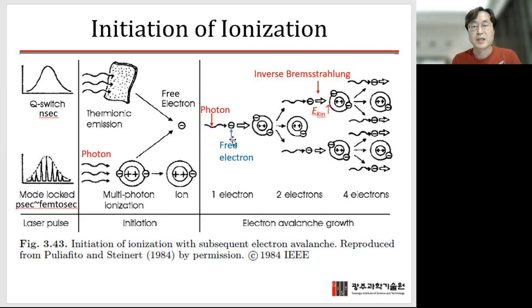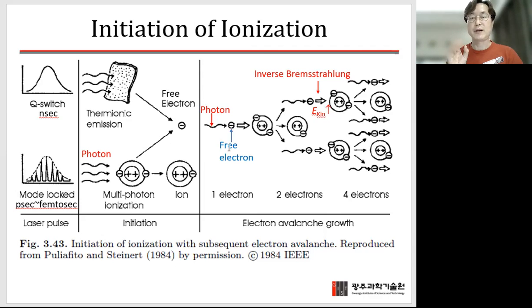And this free electron, generated either from thermionic emission or multi-photon ionization, is going to be the initiation of the plasma. So once a free electron has been generated, if you continue to irradiate the laser at the same spot, then this photon energy is going to be absorbed by the free electron. And then this free electron will have a very high kinetic energy.